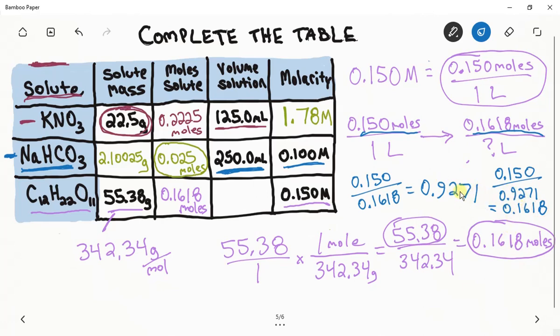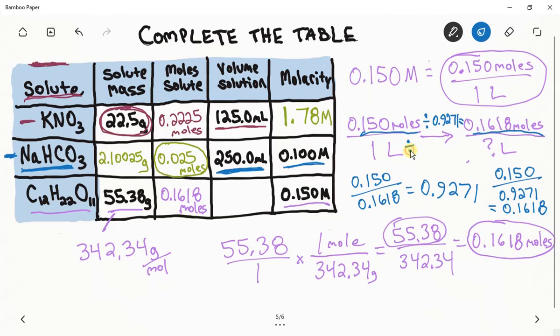So you can go back and forth with that. So since we have 0.150 moles divided by 0.9271 equals 0.1618, what we did to the top there, we've got to do to the bottom.